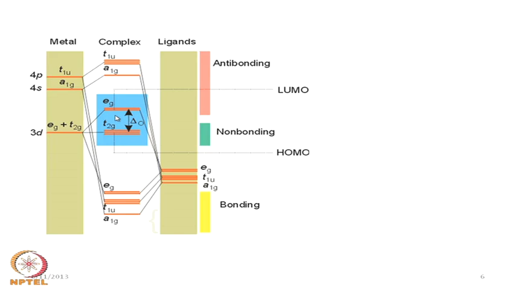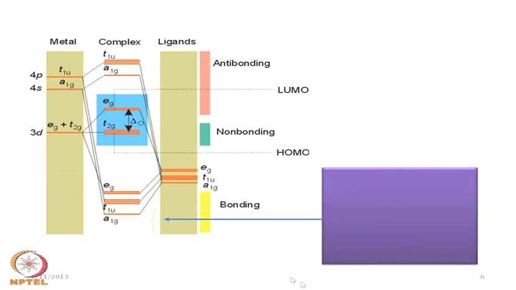We will have bigger splitting if we have the metal ion in the +3 or +4 oxidation state, but in most cases, how the EG level from the ligand side stabilizes the bonding EG level will tell us the gap between the T2G level and the EG level.